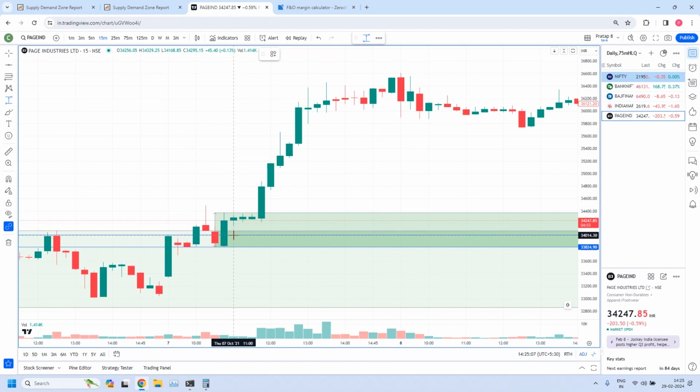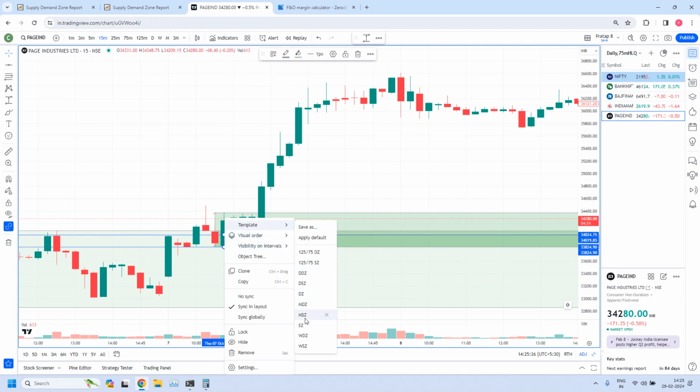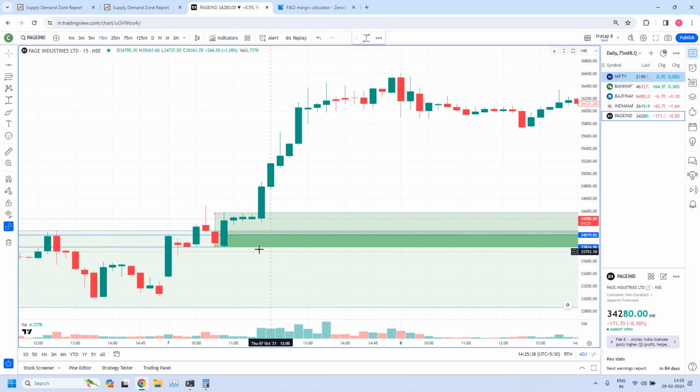Place your mouse exactly on this blue color line and drag up to, maybe draw it from this. Okay, that's it. Now the zone is drawn, and give demand zone color. See here, this is your 5-minute zone.